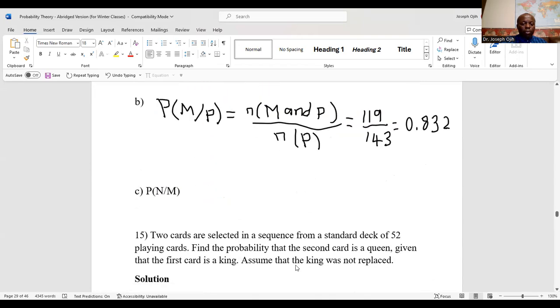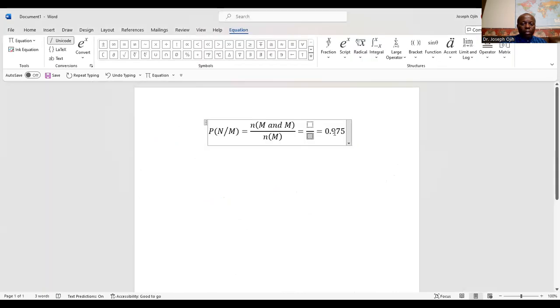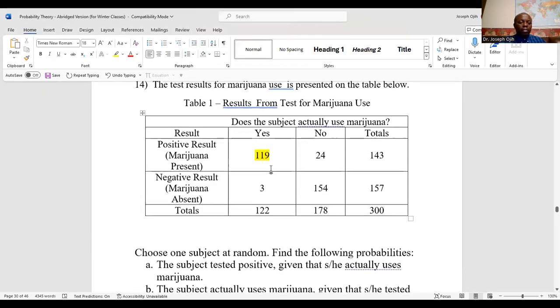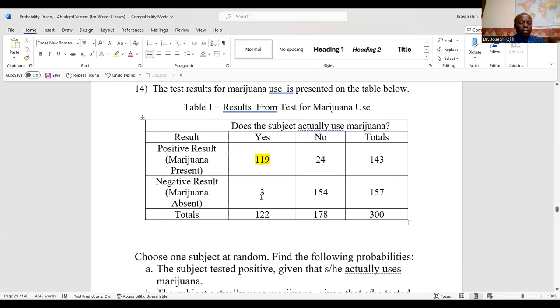We have it here on the other workbook. I'm going to put the numbers. Tested negative means negative and marijuana use, over the number of points in marijuana use. Let's get the information from the table. This is the negative result, and this is yes, they use marijuana.